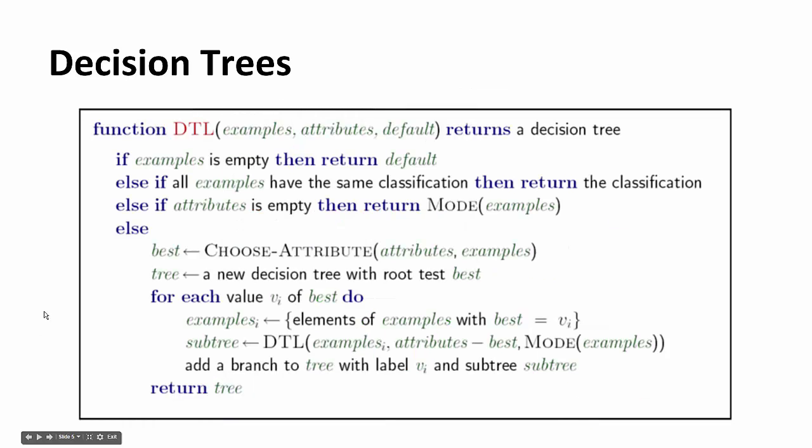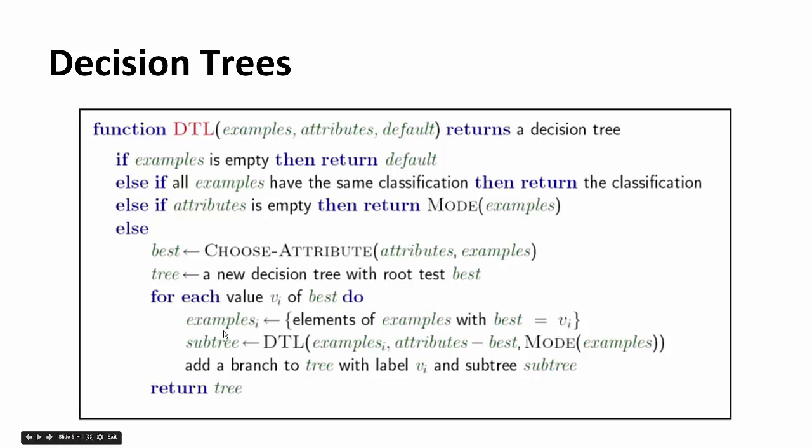The second half of the code is going to deal with creating our internal decision nodes. So how does this work? First we're going to choose some feature to split on, and we'll talk more about how that happens later. We're going to create a decision tree with that feature, and then we're going to split each of the examples among the different values of this best attribute that we're splitting on.